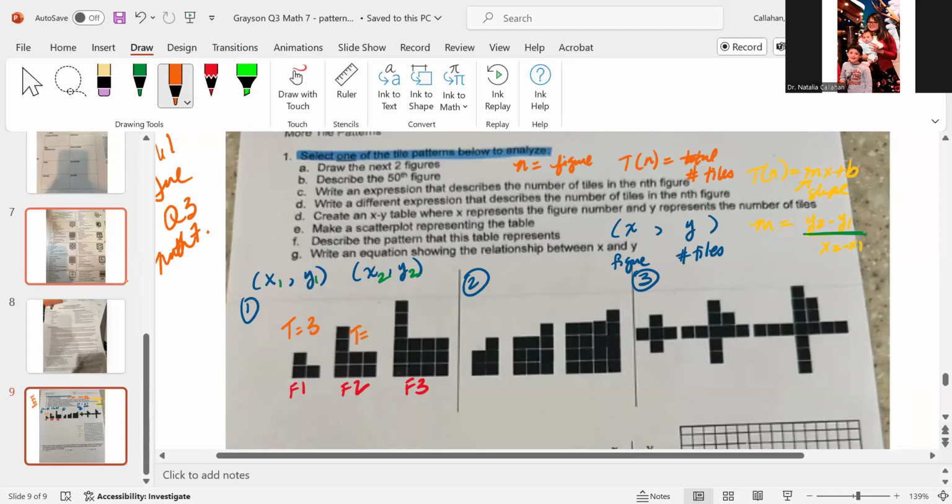Next one. 5. No, count. That's not 5. Okay. What's the next one? 15. I don't think there's 15 there. Try again.